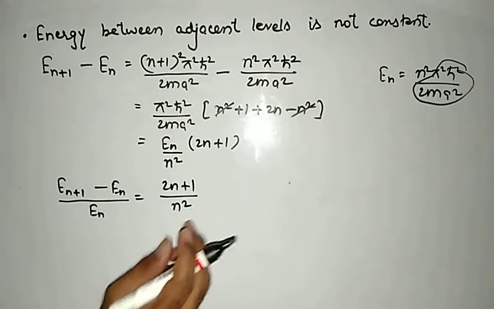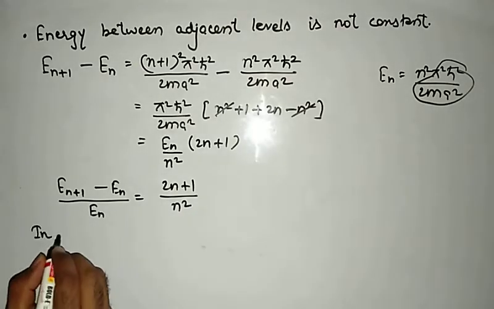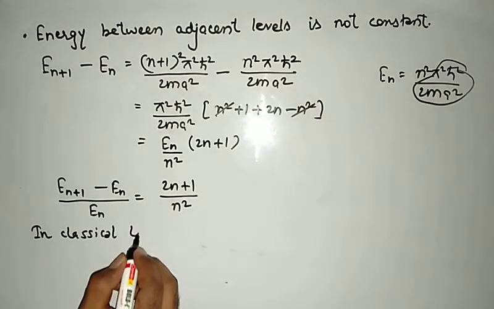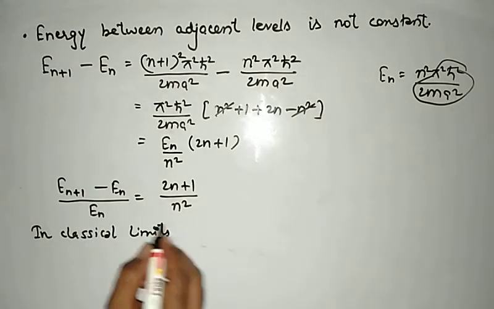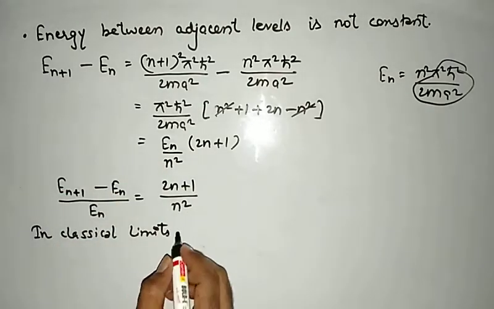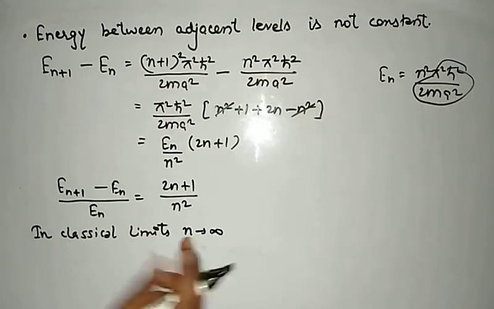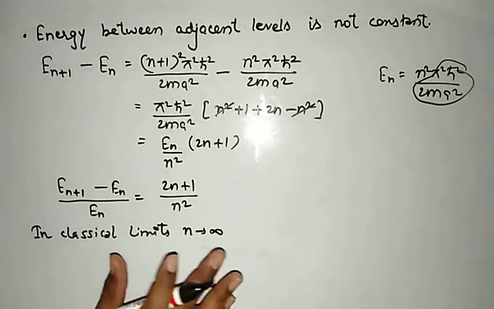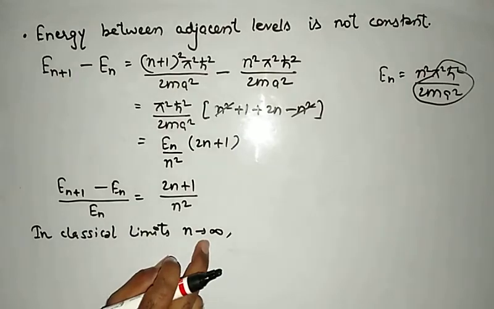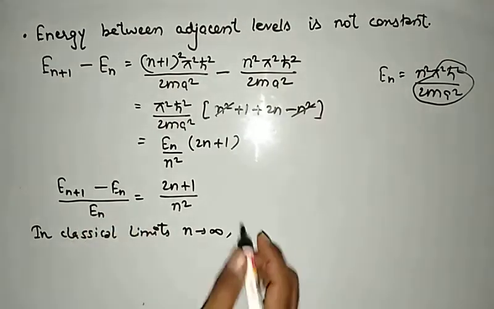What we want to see is the classical limit. We know that in the classical limit there exists a continuous energy spectrum, so n will be infinite in the classical sense. So when we take n to infinity, what is here?